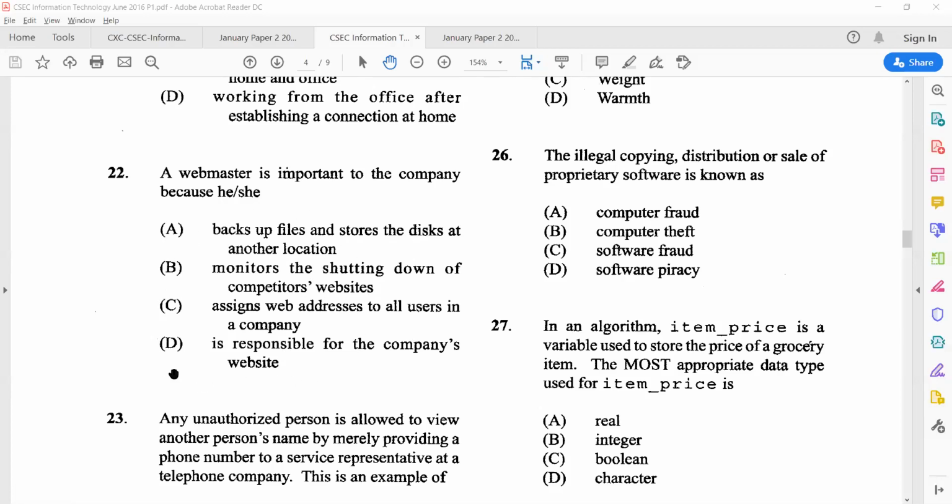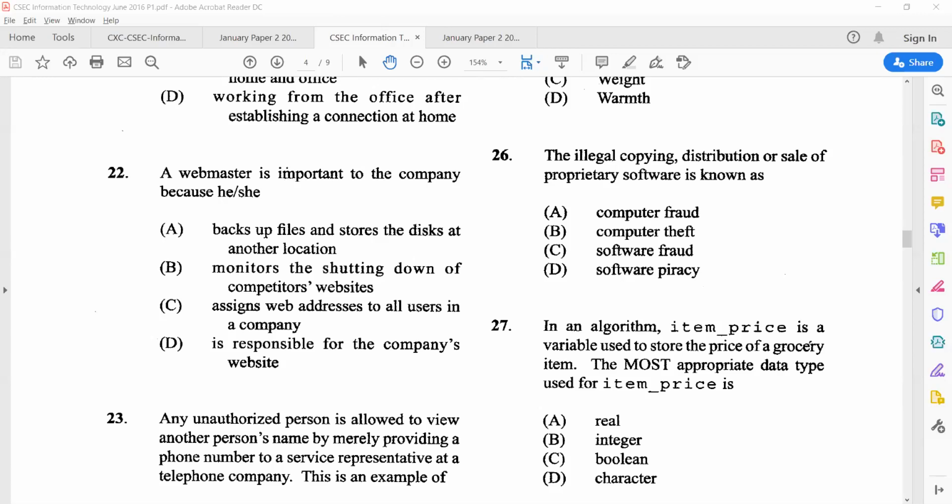So out of these four tasks, what is the responsibility, or why is the webmaster important? Right, so the answer that describes the job of the webmaster is D. The webmaster is responsible for the company's website.